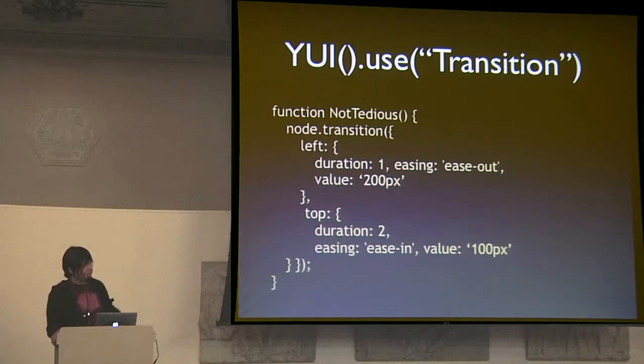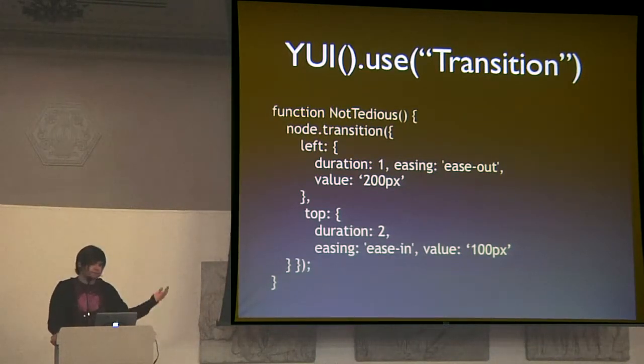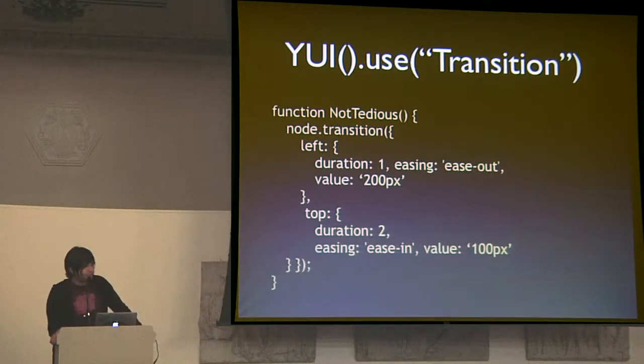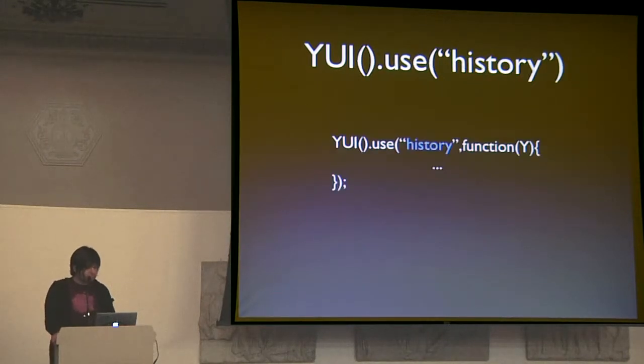You specify the duration and the value that you're going to, and this is using CSS3 when available in the background as well. So it's seamless for you, the developer. You don't have to worry about browsers, vendor-specific prefixes, and yeah, just making your life simpler.